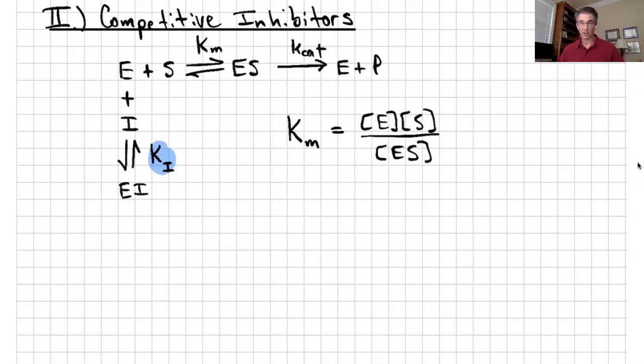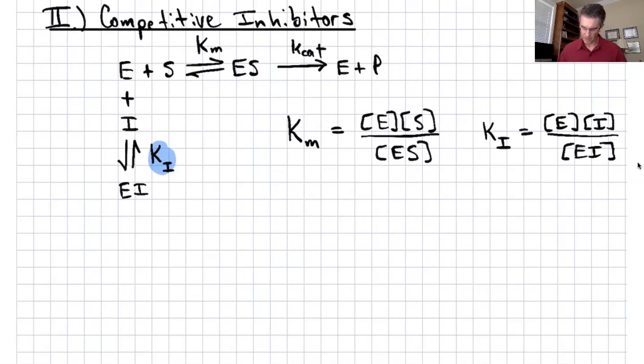We can set up a similar expression for the inhibitor binding constant, right? This would just be free enzyme now times the inhibitor concentration divided by the concentration of the enzyme-inhibitor complex, right? And remember, for deriving these expressions, we've got one more piece of information. Remember, right? It's the concentration of total enzyme, right?